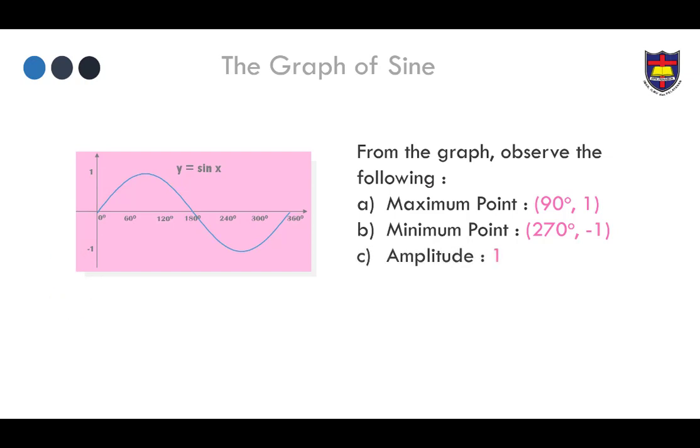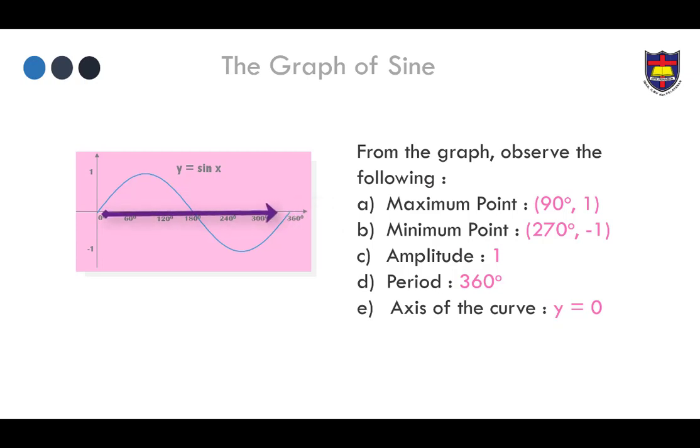The amplitude is 1. So what is the amplitude? You can see here that we have the axis of the curve, which is y equals 0, or the x-axis. From the axis of the curve, it goes up 1 unit to the maximum point. That is said to be the amplitude. Or you can divide the range from minimum to maximum by 2. So you get 1.